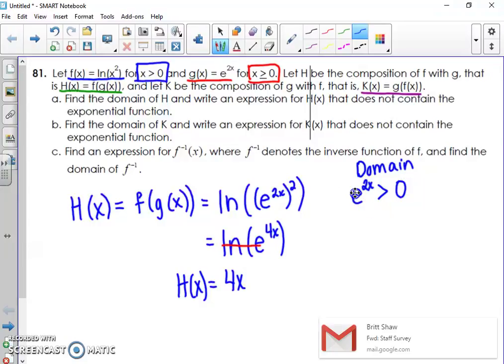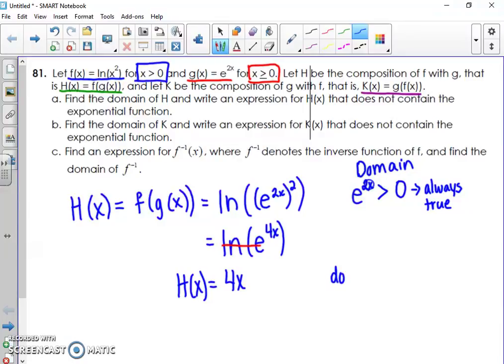If you think about this expression for a moment, you have e raised to a power. E raised to a power is always positive. It can never be 0. It can never be less than 0. So this is a statement that is always true.